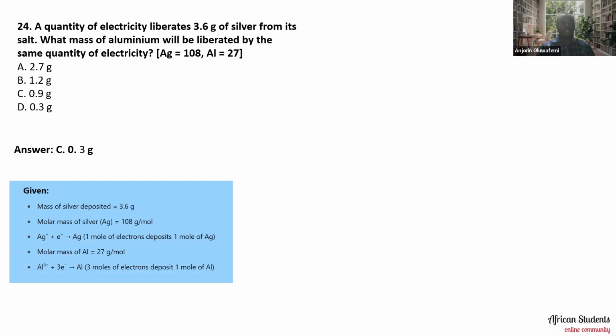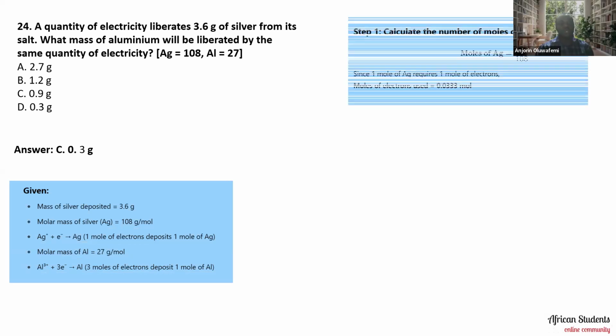If that is the case, the molar mass of silver is 108 grams per mole, and the number of moles of electrons needed to deposit silver is just 1. And then for aluminium, the molar mass is 27, and the number of electrons needed to deposit 1 mole of aluminium is 3.